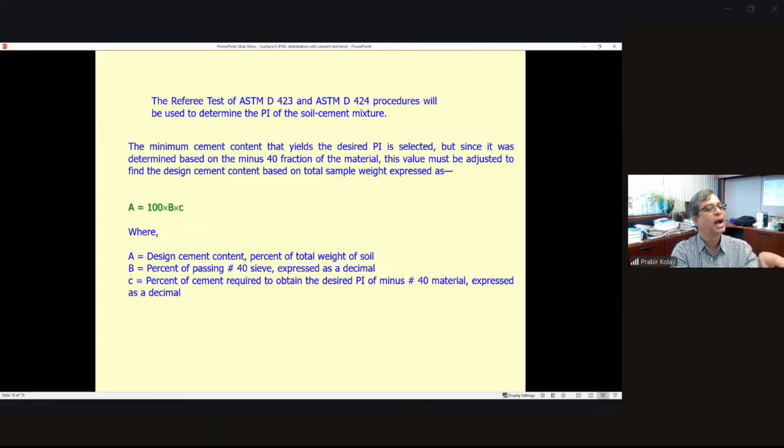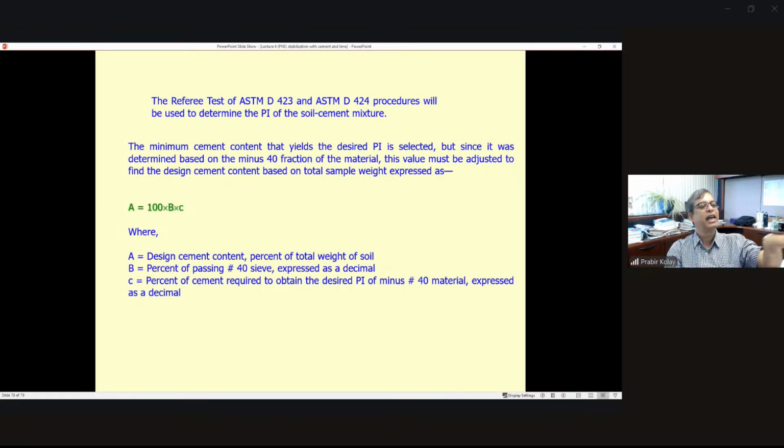There are some guidelines for how much design cement content you need to use. So 100 times A is equal to 100 times B times C, where B is the percentage passing number 40, expressed in decimal, and C is the percentage of cement required to obtain the PI minus 40% of the number 40 material. So this will give you some guidelines.